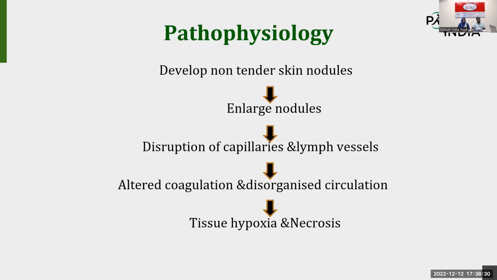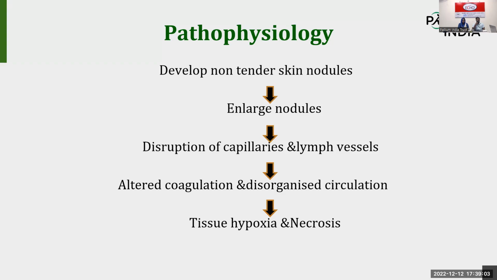Then pathophysiology. Already I told, nodule formation will happen in the underlying skin area. That nodule size will increase. Then this nodule will apply pressure on the underlying tissues. It will affect the capillary and lymphatic vessel supply. Due to the affected capillary supply, altered coagulation also will happen.